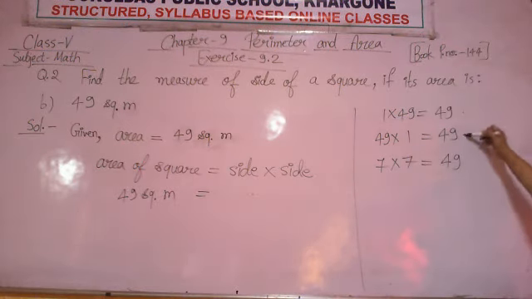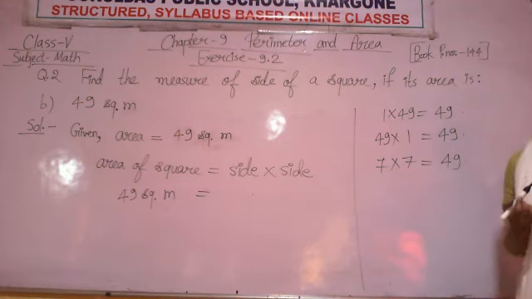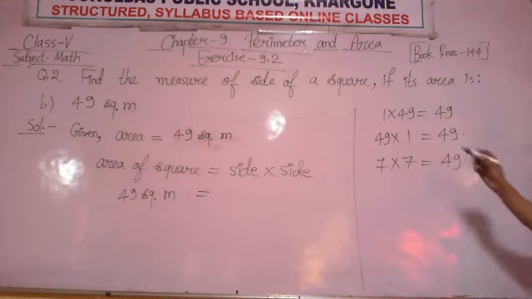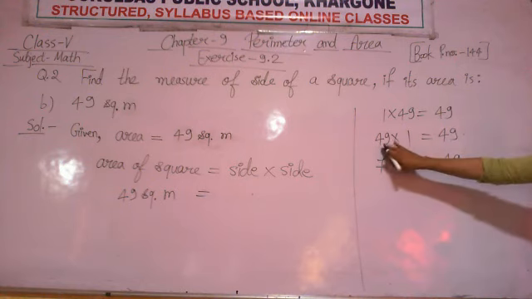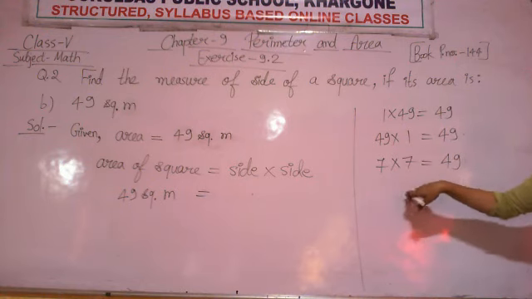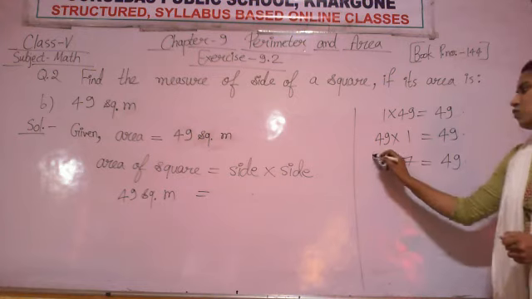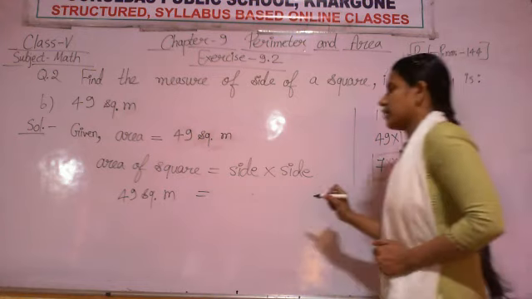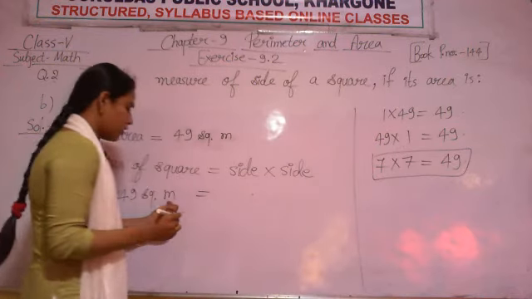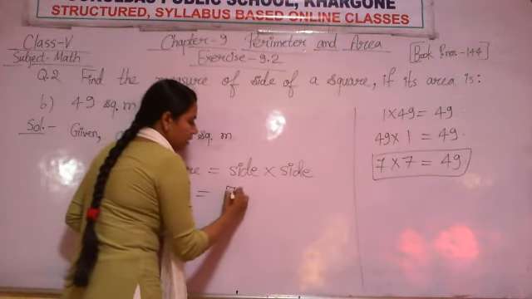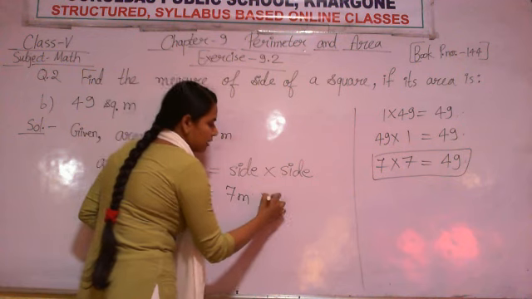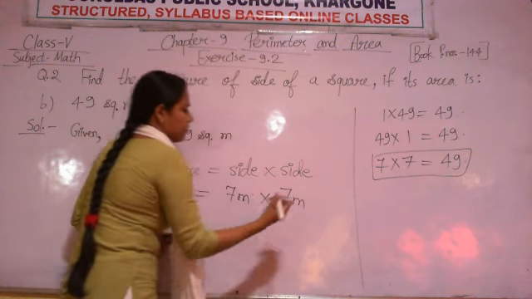So out of these three, which option will be correct for this formula? 1 into 49, or 49 into 1, or 7 into 7? So 7 into 7 will be the correct option. As the unit given is meter, I will write here 7 meter multiplied with 7 meter.